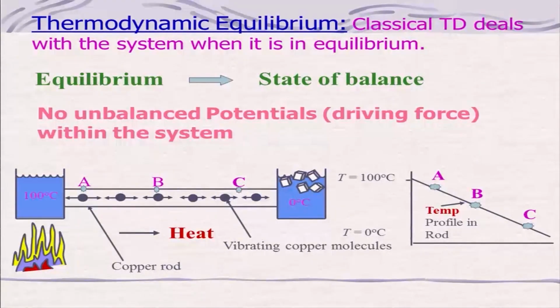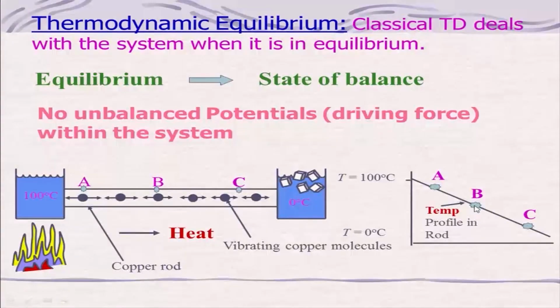If you look at the temperature here, the temperature at point A will be closer to 100 degrees Celsius, B will be in between, and C corresponds to the lowest temperature, close to 0 degrees Celsius. But if you look at this system itself, what is happening?